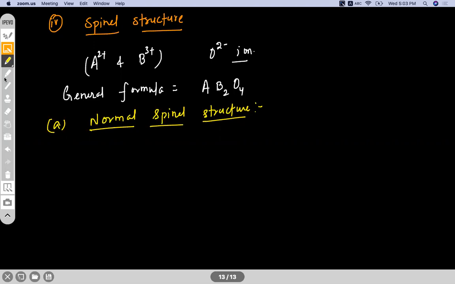Now, the important point, again the same, is the position of anions and cations. In normal spinel, O2- has FCC packing or CCP packing.